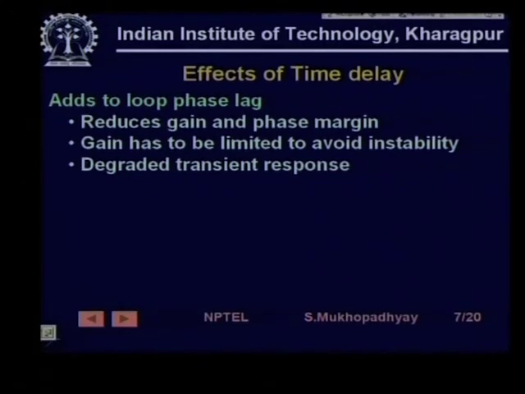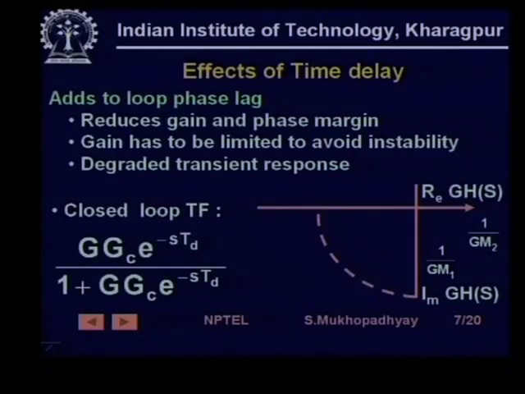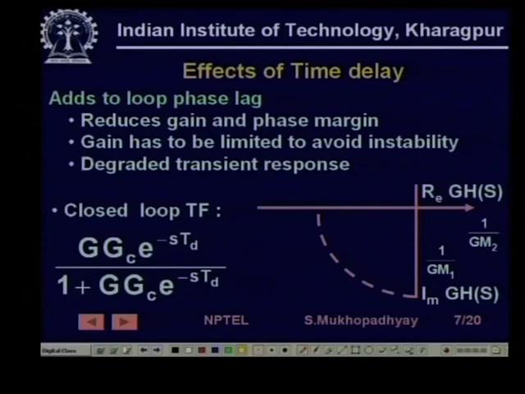But if because of stability reasons one has to use a lesser value of k, then that lesser value of k is going to cause a greater steady state error, which is a degradation in performance. So this is the major problem of time delay, but before that let us see how this gain margin and phase margin is reduced.